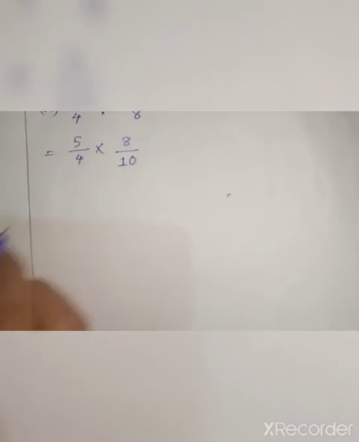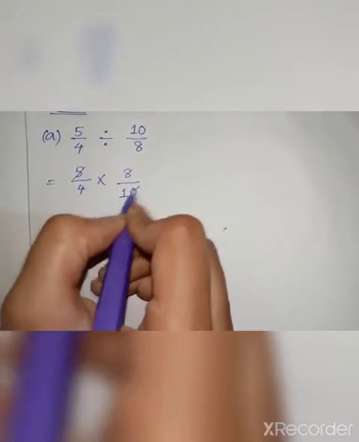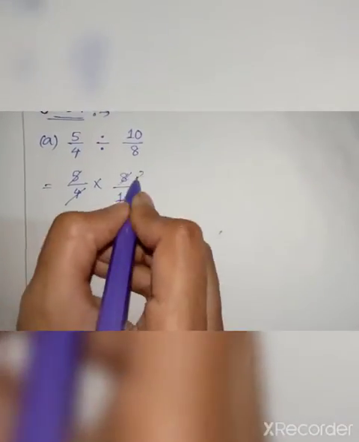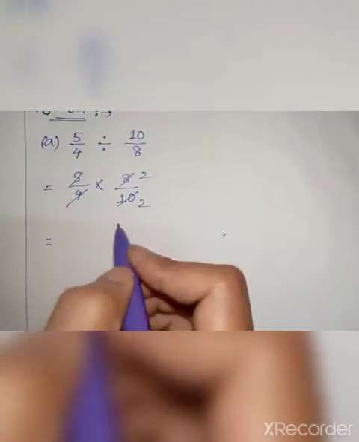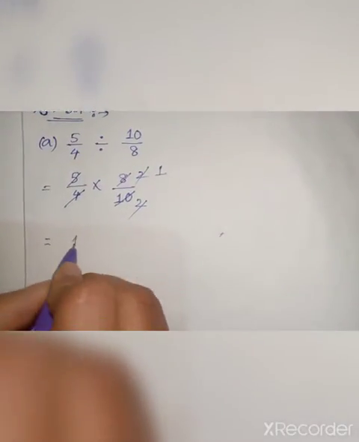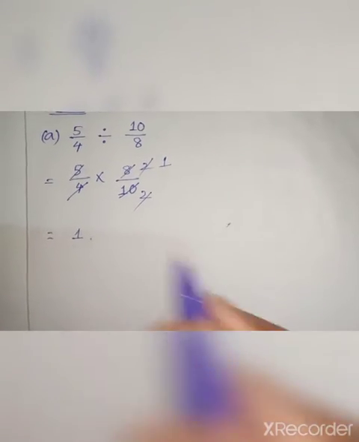Okay, then you can cancel out: 5 2s are 10 and 4 2s are 8. Again here 2 1s are 2. So the answer will be 1. Okay, next question.